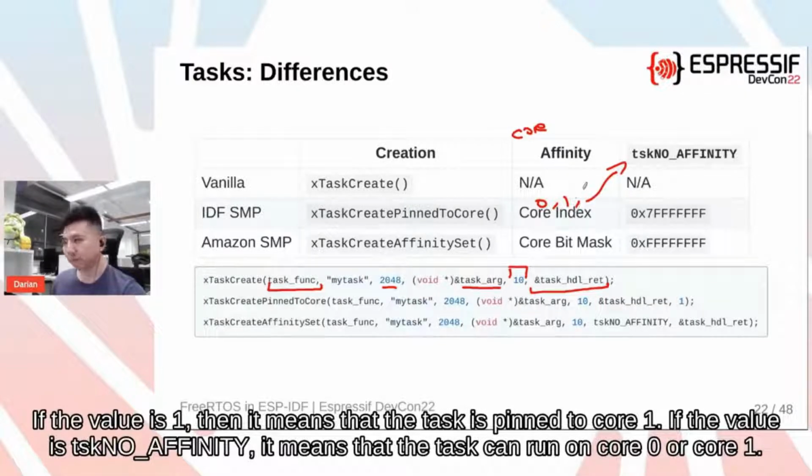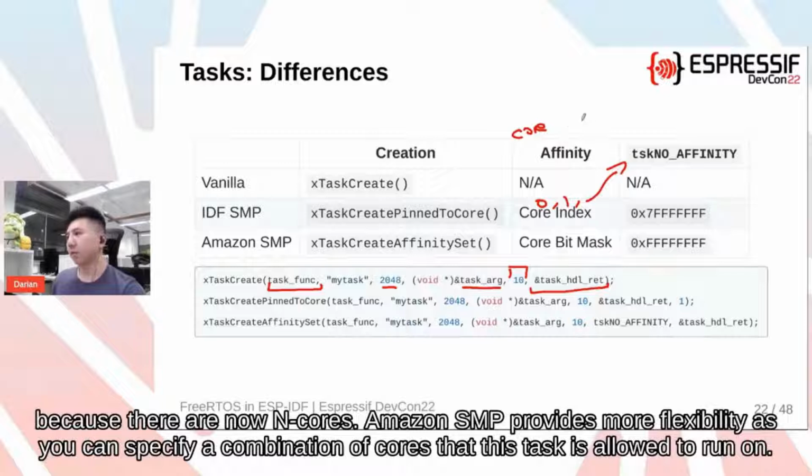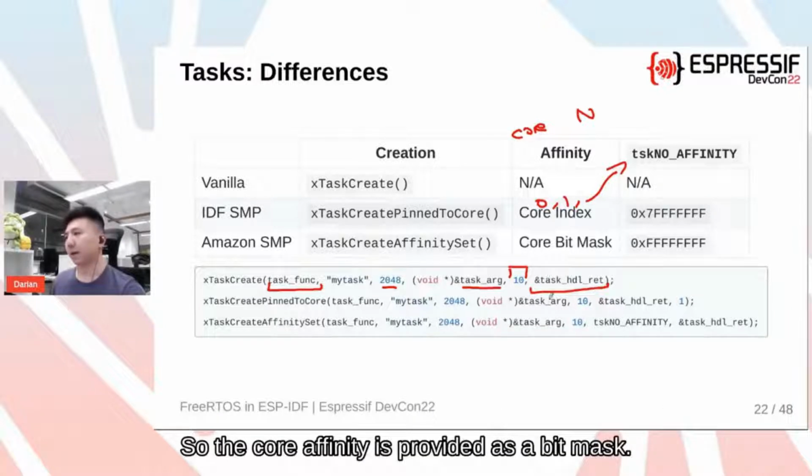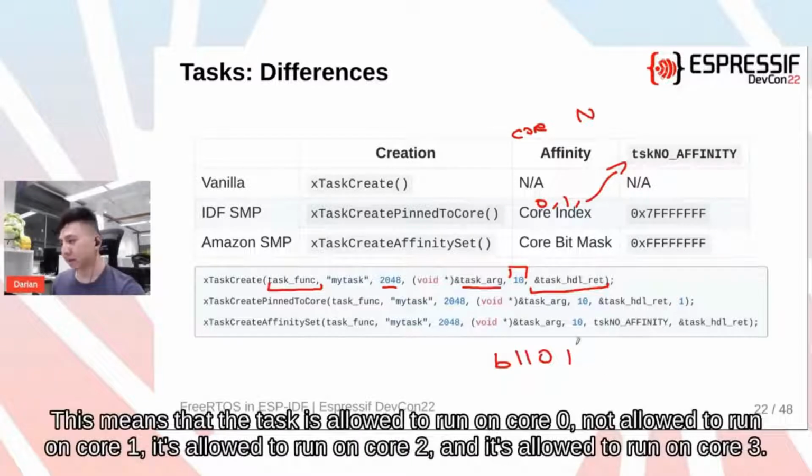However, with Amazon SMP FreeRTOS, things get a little bit more complicated because there are now n cores. Amazon SMP provides more flexibility as you can specify a combination of cores this task is allowed to run on. So the core affinity is provided as a bit mask. For example, you might provide a binary value like 1101. This means that the task is allowed to run on core 0, not allowed to run on core 1, allowed to run on core 2, and allowed to run on core 3.